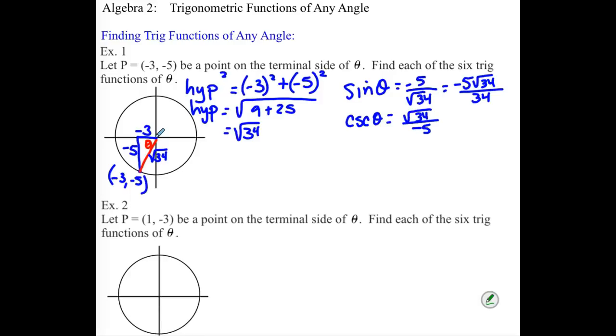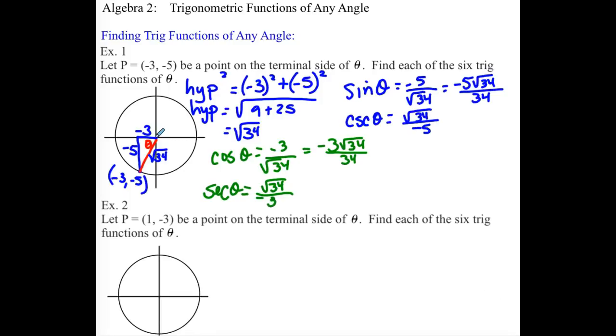All right, let's move on to cosine. Cosine is adjacent over hypotenuse. So in this case, -3 divided by the square root of 34. Or rationalized, -3 root 34 divided by 34. And then its reciprocal, secant. If we take the reciprocal of cosine, we've got the square root of 34 divided by -3.